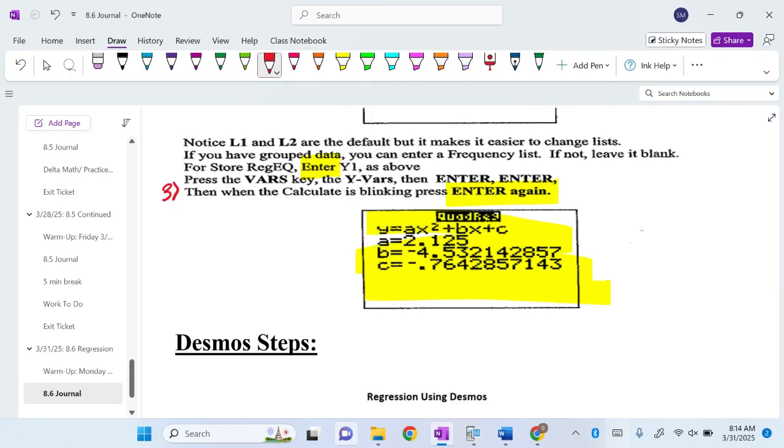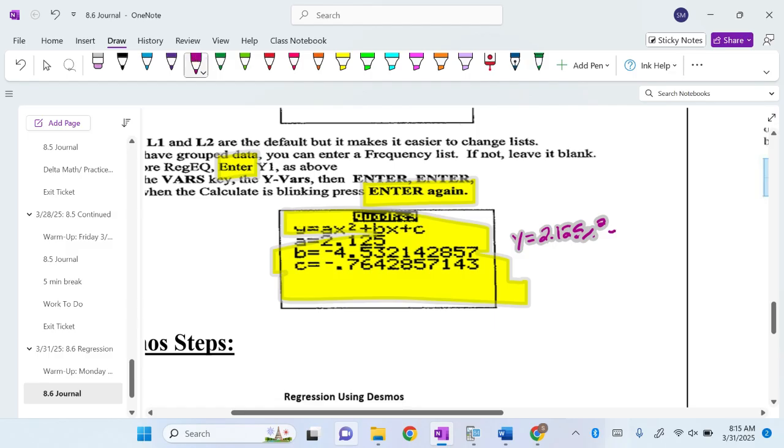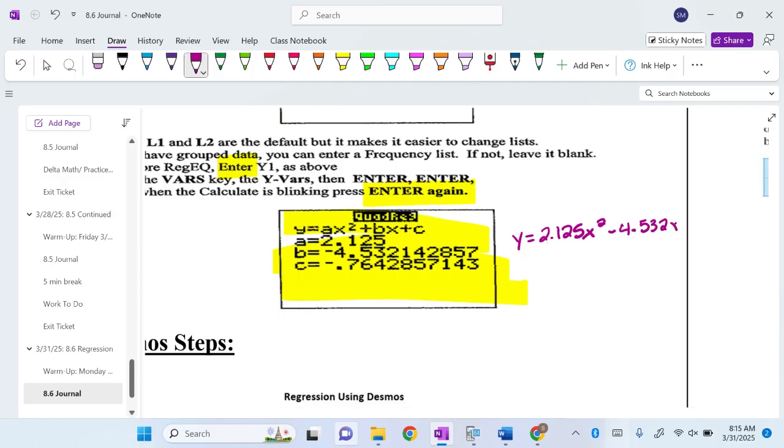So in other words, if I was to write out this function, it would be y is equal to 2.125x squared minus 4.532x minus 0.764.